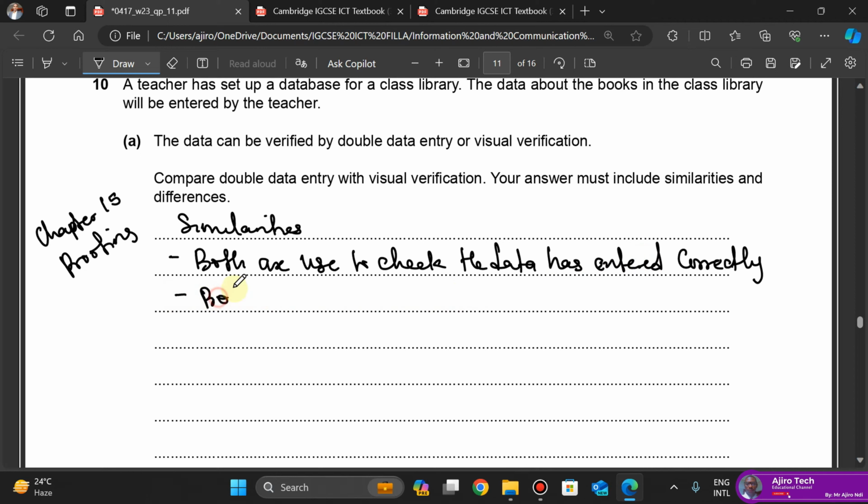Again, notice, for double data entry, both sets of data are entered and then compared. For visual check, you're comparing the original document with the one entered. So both are used to check the data against the original one.